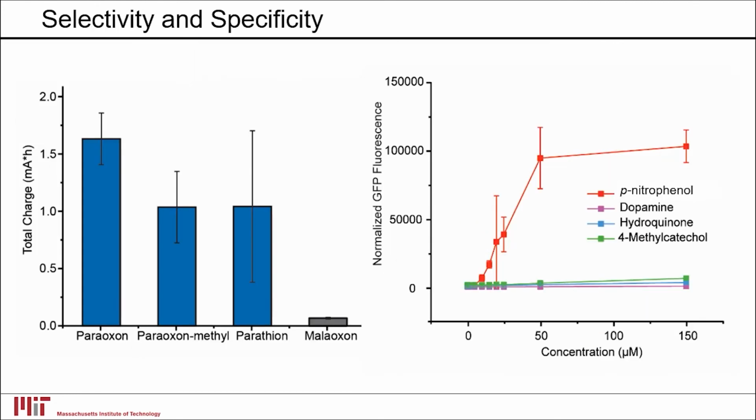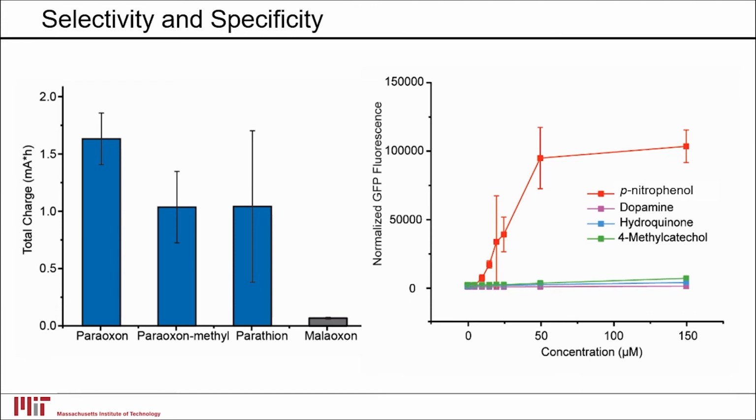Importantly, though, there are many similar molecules in nature to p-nitrophenol. So we needed to test and make sure that not only was our sensor working for other pesticides that have similar structure, but also that there was no interference from native small molecules.